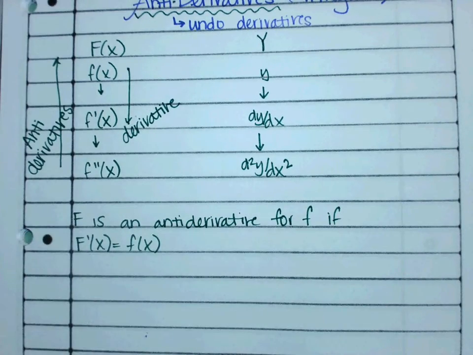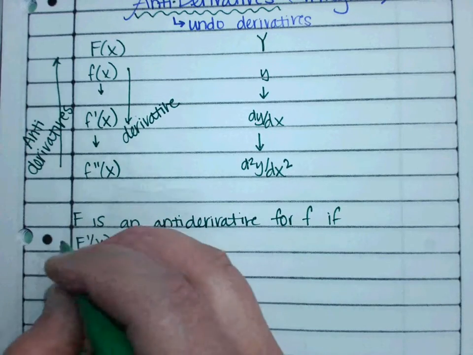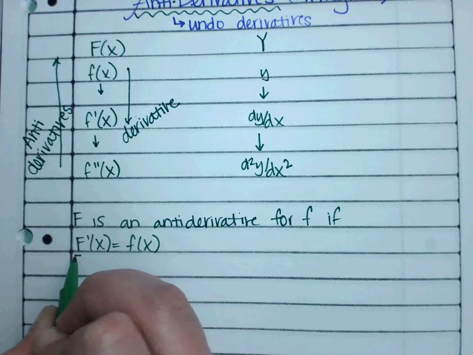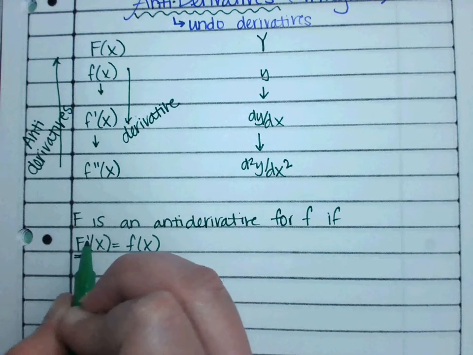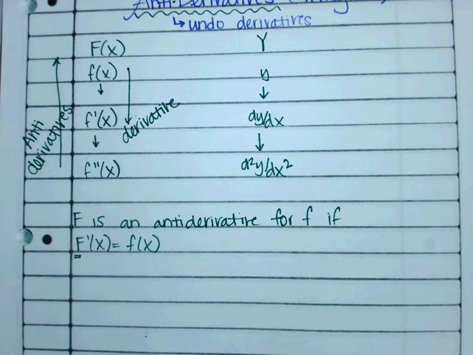Think about the list that we just created. It should make sense that if I'm at capital F and I take the derivative, I would be at regular f. Another way to think about it is that they undo each other: I take the derivative, but then I undo it, and I just get regular f.